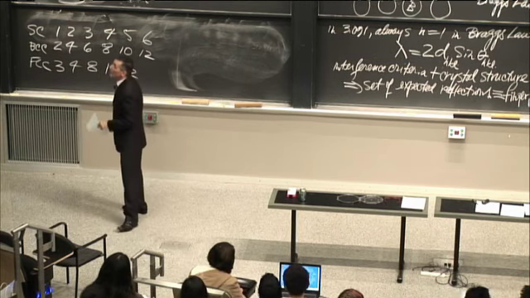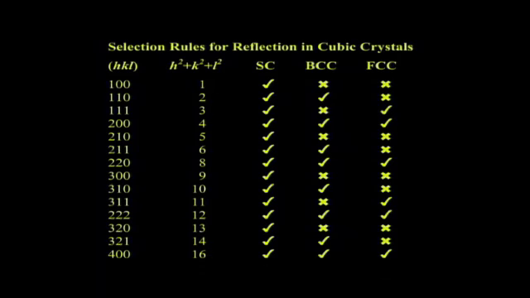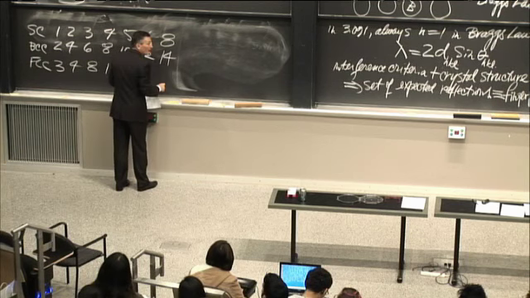There's a hook here, though. Look at the sequence of h squared plus k squared plus L squared. Do you notice that there's no combination of h squared plus k squared plus L squared that gives you 7? You get to 6, and then the next one is 8. But there is a sequence that gives you 14.